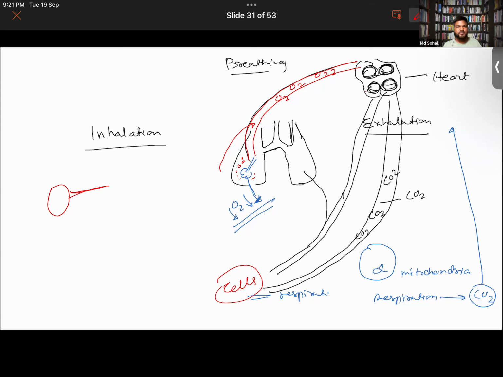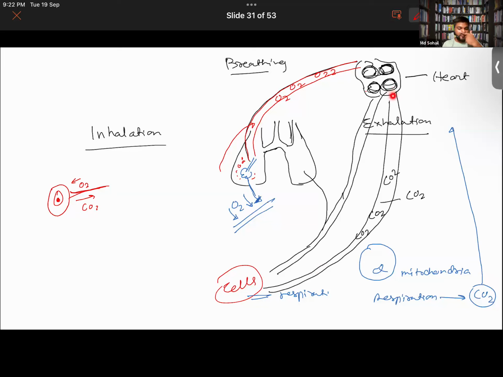The cells pass it to the veins, and the veins take it to the heart. Exactly. The veins bring in all the resources for the cell. They bring in the oxygen and take out the carbon dioxide also. The carbon dioxide gets mixed with the hemoglobin, as we discussed earlier, and it is taken to the heart.